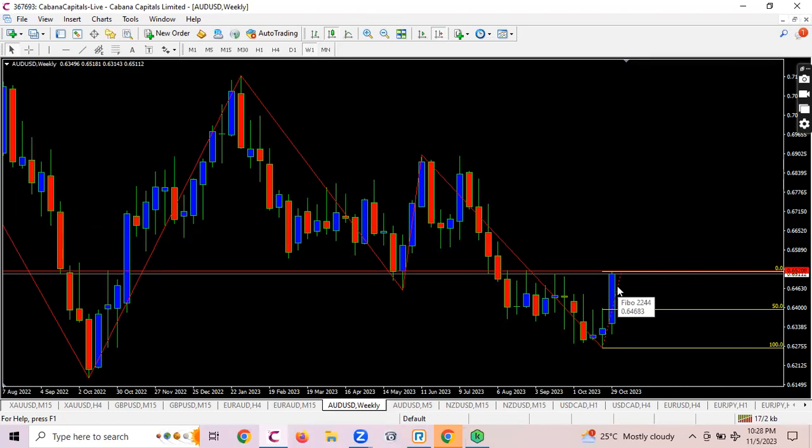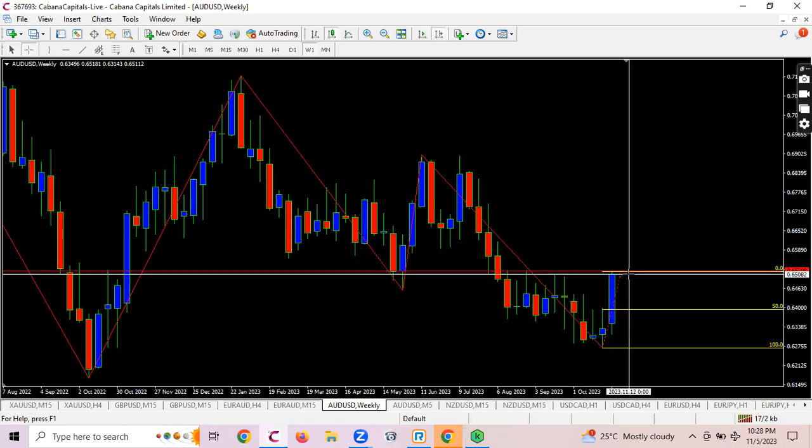Okay, so if you are seeing buy on the chart, wait for pullback. Because if you are entering this trade at the current market price, this is the reasonable place to set your stop loss. Are you willing to take this risk? 237 pips.